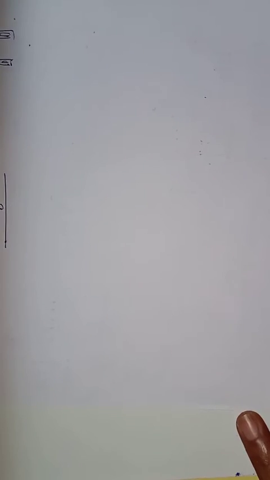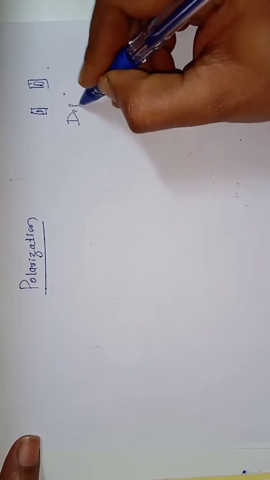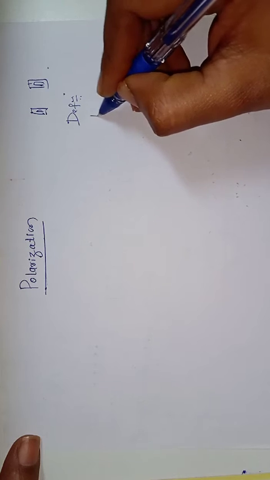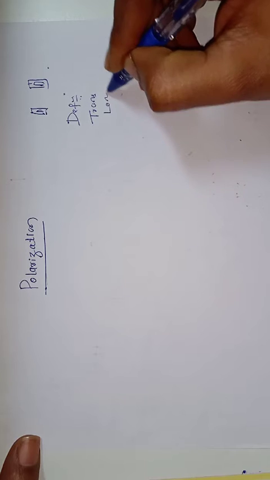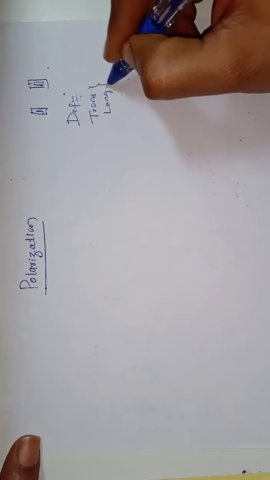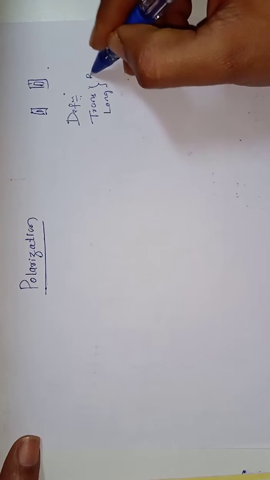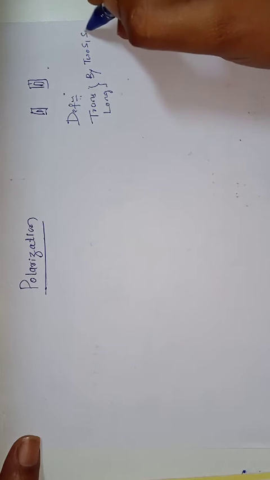Good morning, everyone. In the last session, we studied polarization. We got into the definition of polarization, and whether light is transverse or longitudinal in nature. For this, we went through an illustration by considering the two slits S1 and S2.